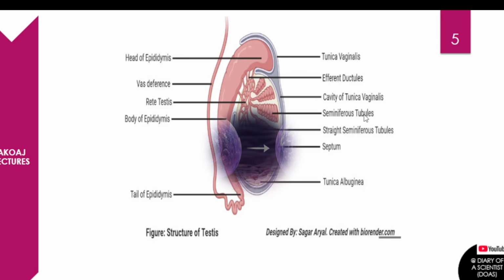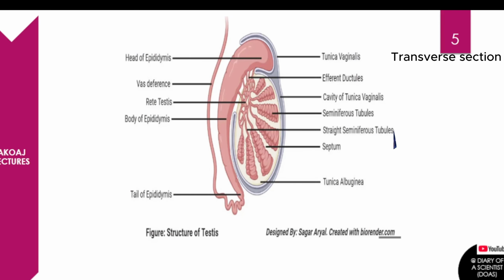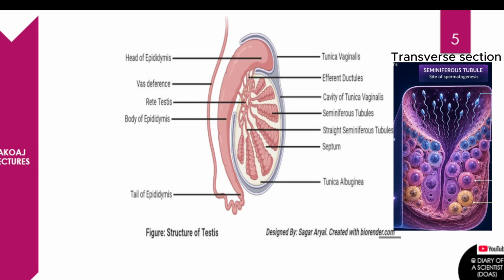Now, some of these stem cells form the immature male reproductive cell known as the spermatogonium, while the others remain in the seminiferous tubule to ensure continuity and provision of stem cells. The image right here shows the transverse section of the seminiferous tubule.